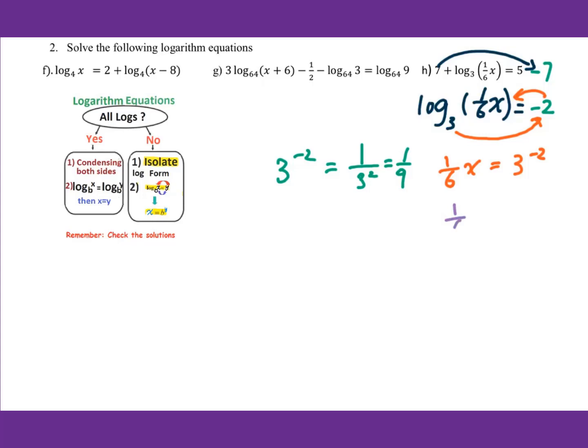Therefore, I got 1 over 6x equals 1 over 9. We multiply by 6 both sides, so that you can get x equals, reduce, you will get 2 over 3.